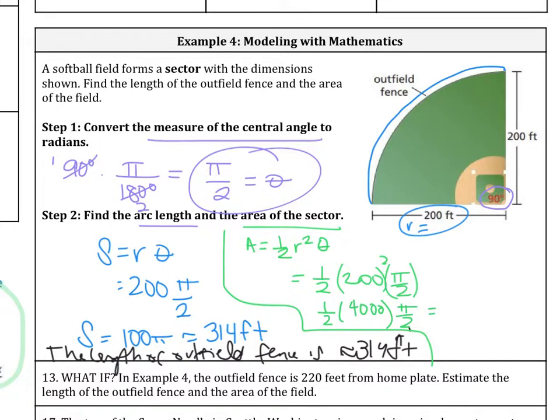So this really changes to 10,000 pi. Then we're going to go ahead and convert it, so it's 31,416 feet squared. Okay, you multiply pi by 10,000, just use the pi button on your calculator to solve it. Then, of course, write a sentence: the area of the field is that value.